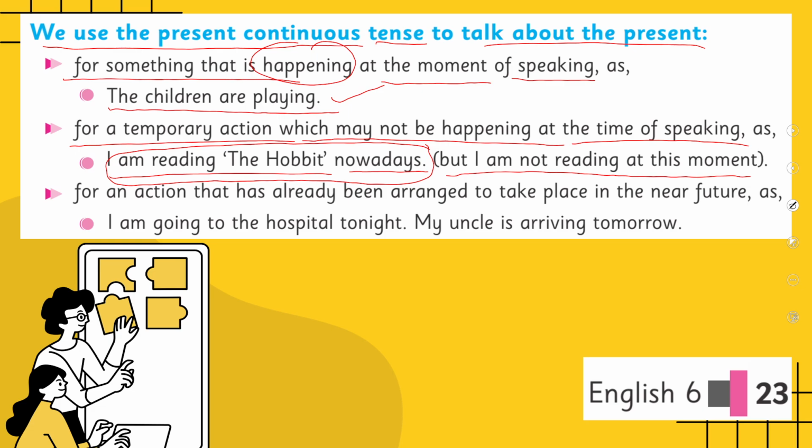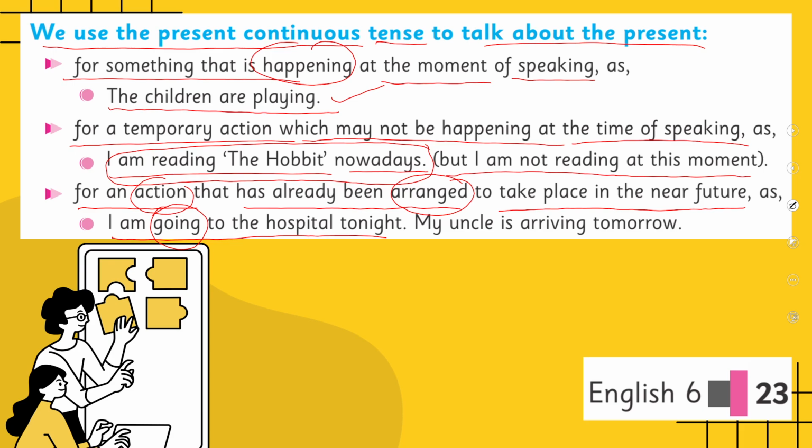Now, the last thing is for an action that has already been arranged to take place in the near future. For example, I'm going to the hospital tonight. The plan is to go tonight, but still we are using our present continuous tense because the action has already been arranged to take place in the near future.